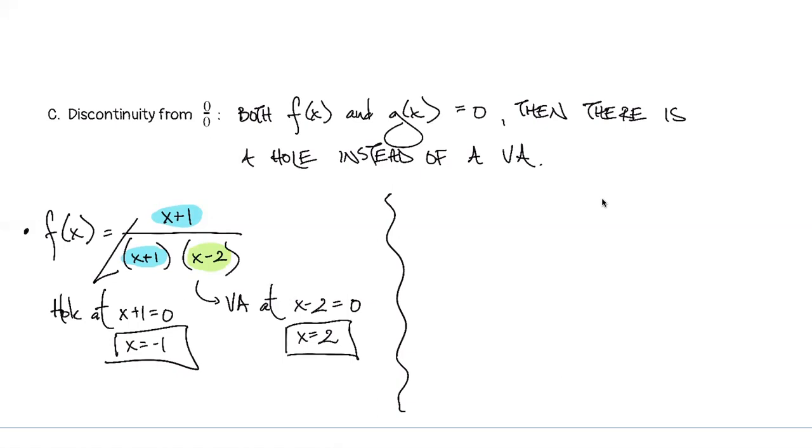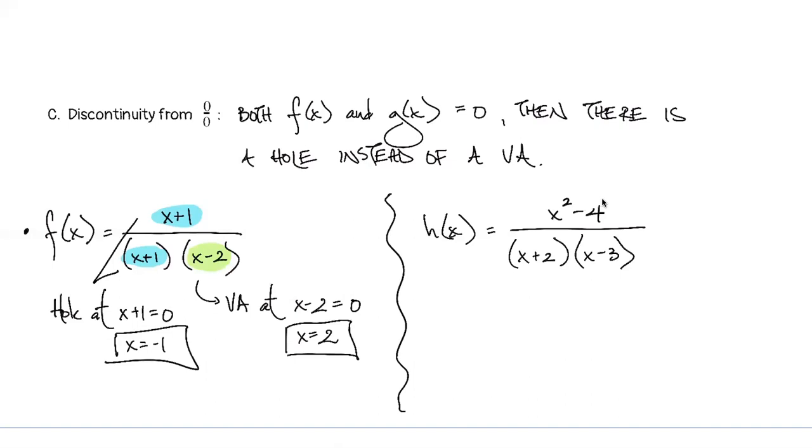So let's make up a different function. We'll call it h of x. Okay. So let's say we have this function right here. Actually, let's get rid of that x on the end.